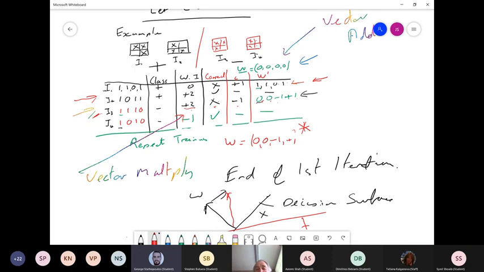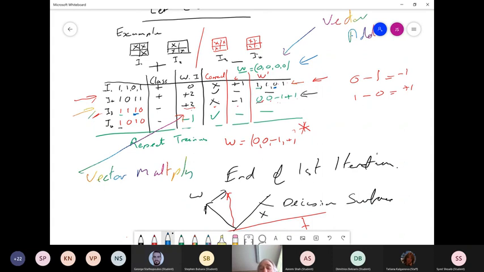For the third element of the weight vector, W3 minus I3, 0 minus 1 equals -1.